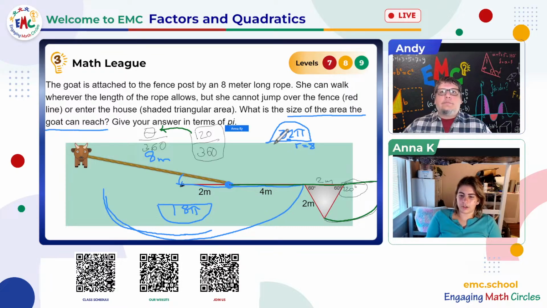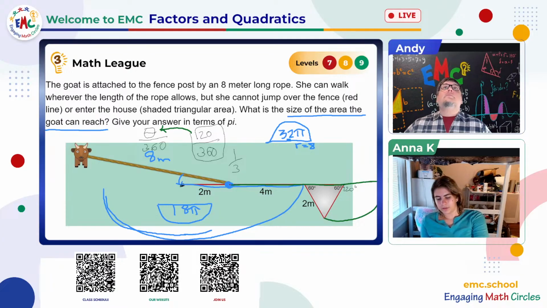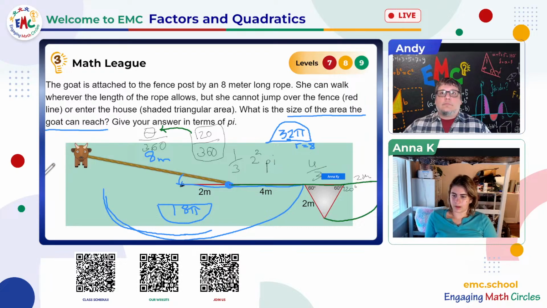This number, which is one third in our case, times the area of the circle, which because this is 6 meters and the rope is 8 meters, would give us 2 meters left over, so that's the radius. So we have one third times 2 squared pi, which is 4 thirds pi.